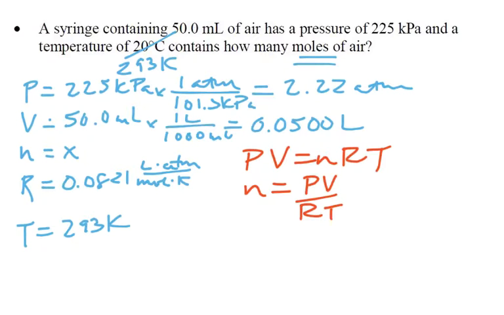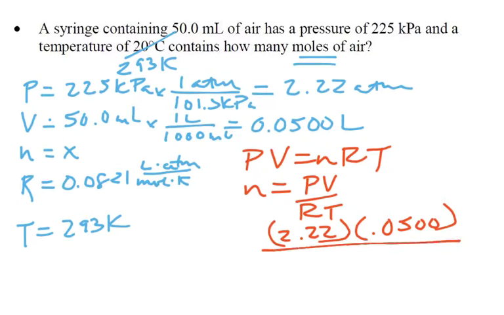Now I just substitute: P is 2.22, V is 0.0500, R is 0.0821, and my temperature is 293.